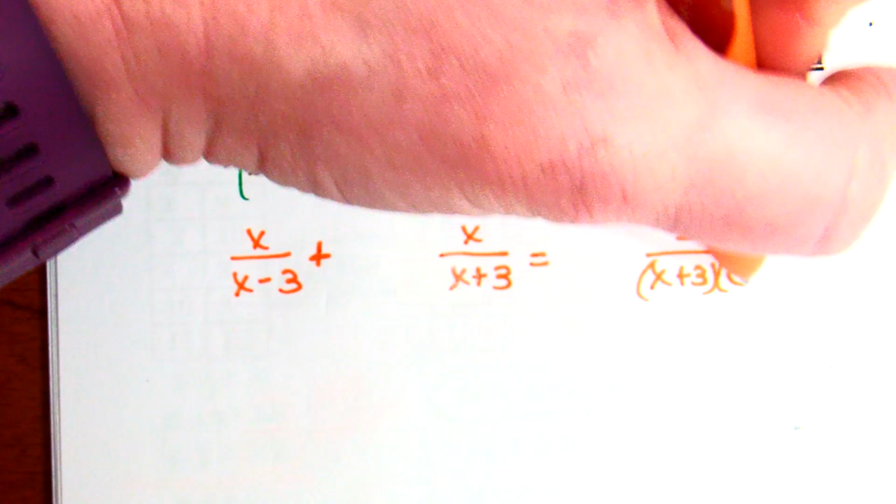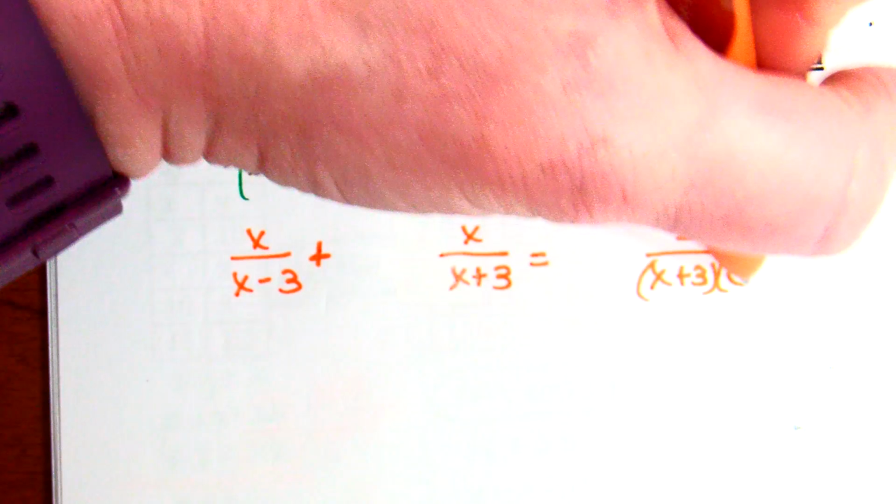And I did this on purpose. You'll see why in a moment. So all I did is I've rewritten the original equation. Yes, I just spread it out. What are we multiplying each of those fractions by? X plus 3, x minus 3, yes? So in front of each term, I'm going to write x plus 3, x minus 3.